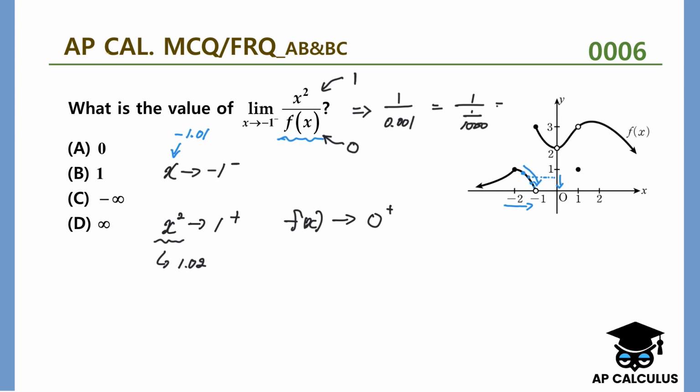If you simplify this, that's going to be 1000, right? If f of x is 0.0001, then we have 1 over 1/10,000, so that's going to be not 1,000, but 10,000, right? So this value increases infinitely. So the answer has to be D.